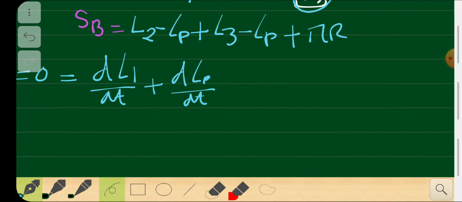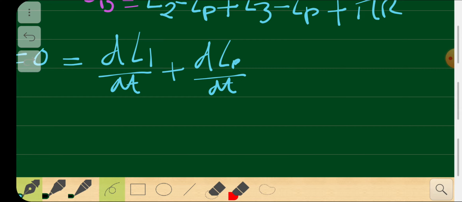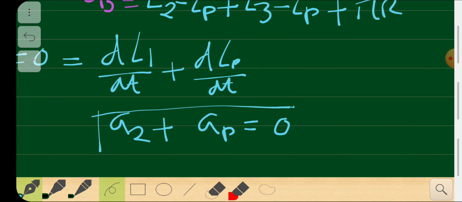So you can say that the time rate of change of length gives a2 plus some ap must be equal to 0. That's the equation we can take out of that.